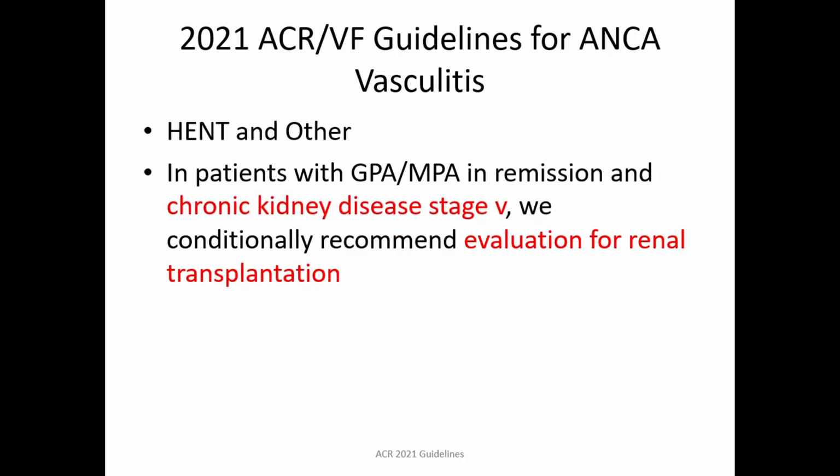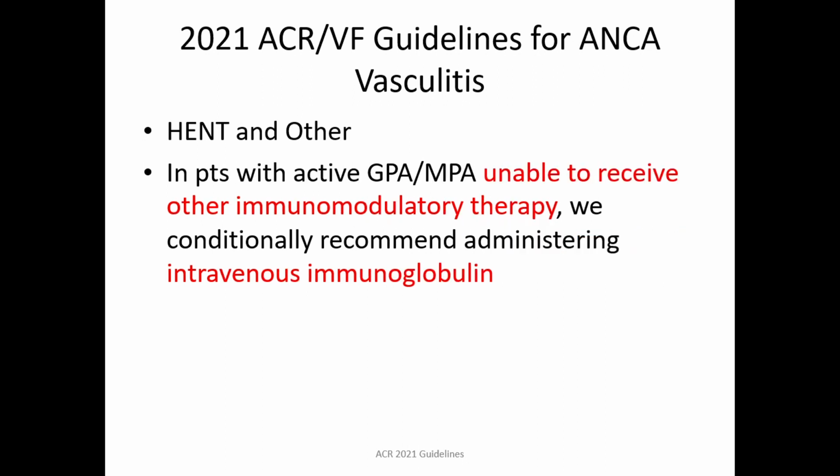If your patient is in remission and has chronic kidney disease stage 5, then they probably should be evaluated for transplantation. And if your patient is unable to receive other immunomodulatory therapies, then obviously your final thing to consider would be IVIGs.